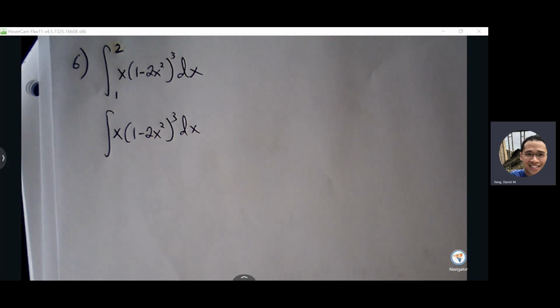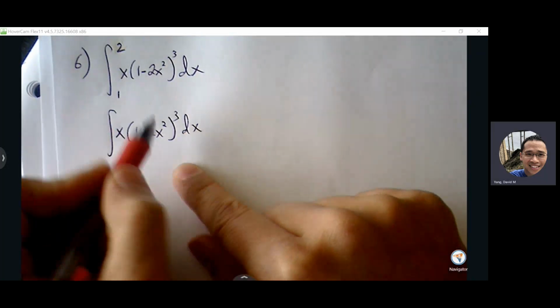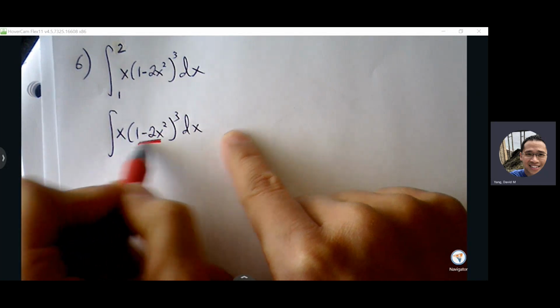Expanding is possible, but not efficient. So our next option is to use substitution. We have a nice u value that we can use there.